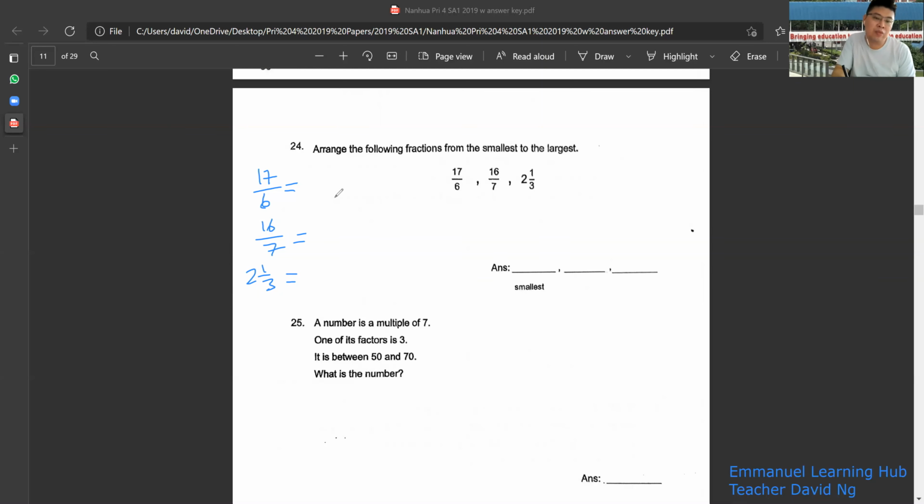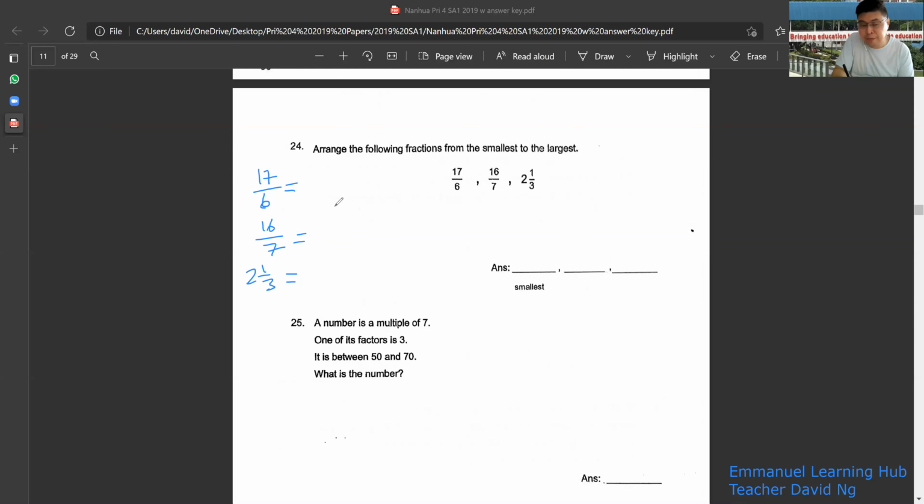Okay, what is 17/6? Maybe I should ask you what is the first common multiple of 6, 7, and 3. The lowest common multiple of 6, 7, 3. 6?